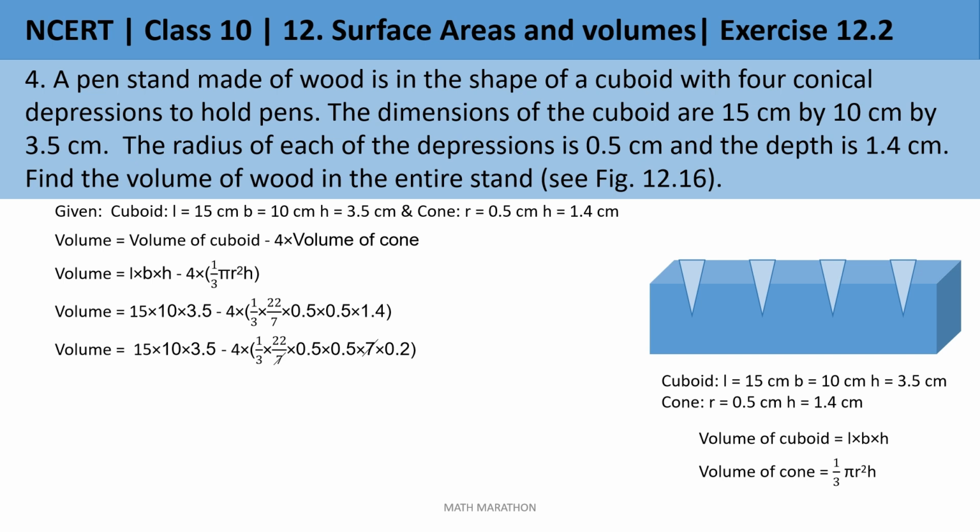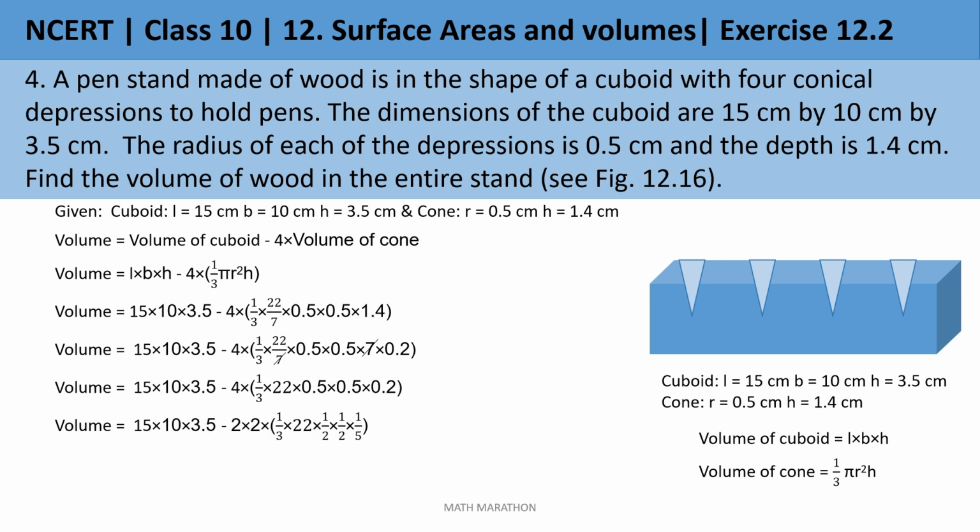In numerator and denominator, we have 7. We can cancel out 7. In numerator and denominator, we have 2 multiplied by 2. We can cancel out 2 multiplied by 2.